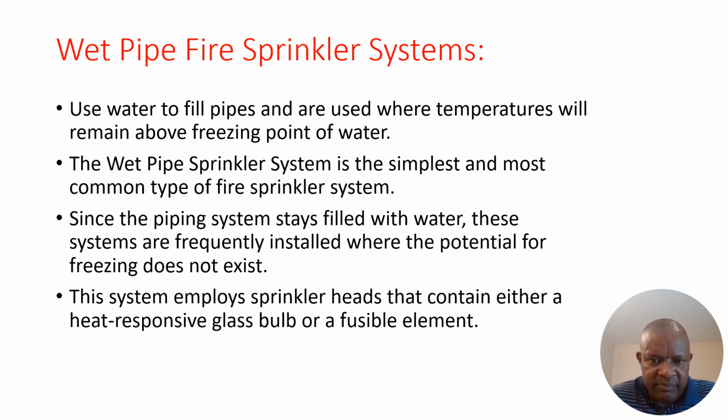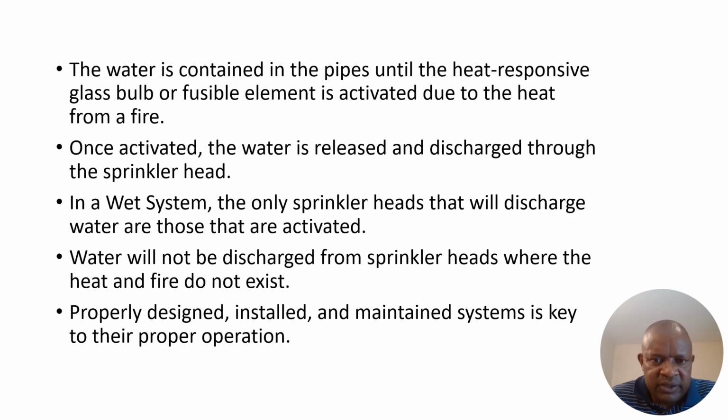This system employs sprinkler heads that contain either a heat response glass bulb or a fusible element. The water is contained in the pipes until the heat response glass bulb or fusible element is activated due to the heat from a fire.